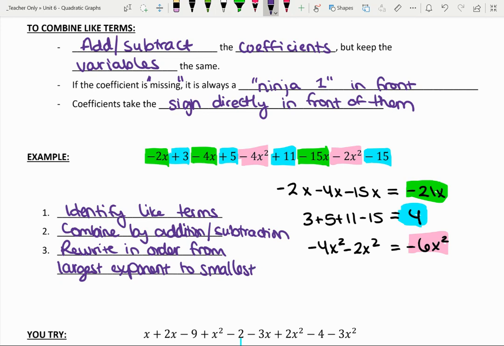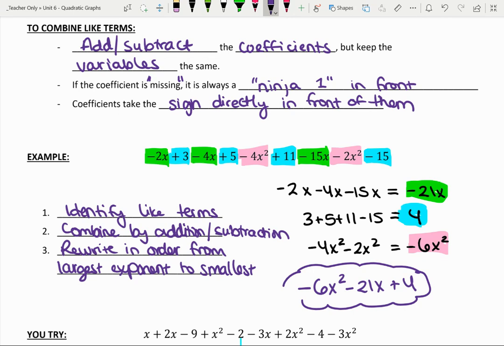Since our largest exponent is a 2, that x squared is going to go first, negative 6x squared. It doesn't matter what's in front, just the exponent. Then negative 21x, because it's an x, and its exponent is really a 1. And then finally that positive 4 at the very end, because it doesn't have a variable.